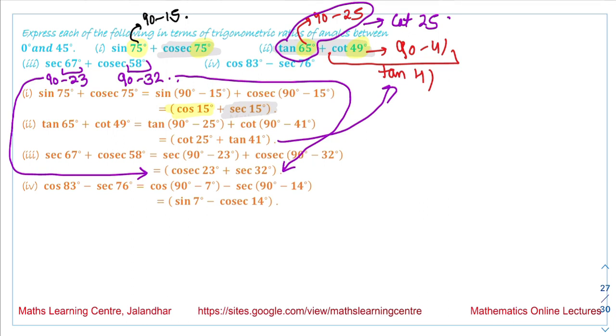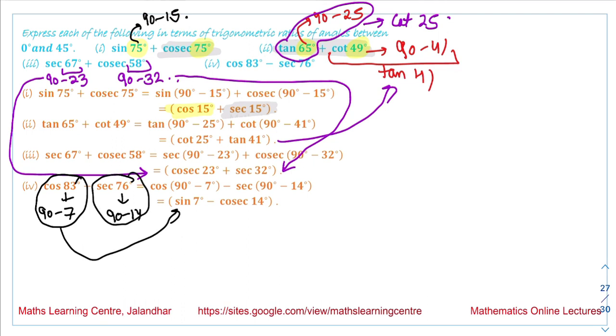Now in this last case, we are writing 83 as 90 minus 7, and this is 90 minus 14. So cos of 90 minus theta is sin theta, and secant of 90 minus theta is cosecant theta. So these are the final answers that we obtain, where the values of theta are between 0 and 45.